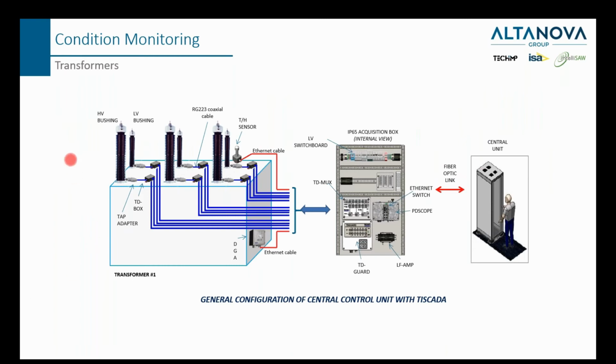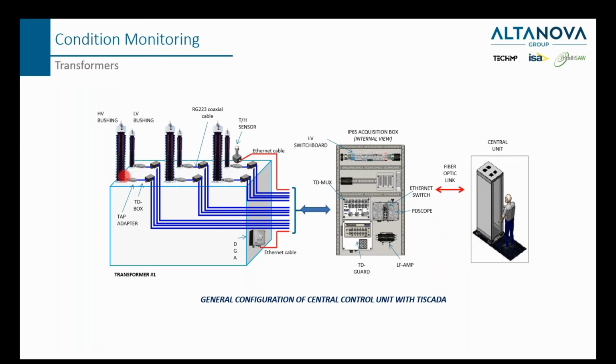So here's an example of the transformer monitoring. We have the tap adapter with a component called the TD box. The TD box basically extracts the information from the tap adapter and splits it into the PD signals and the tan delta signals. One is high frequency, one is low frequency.